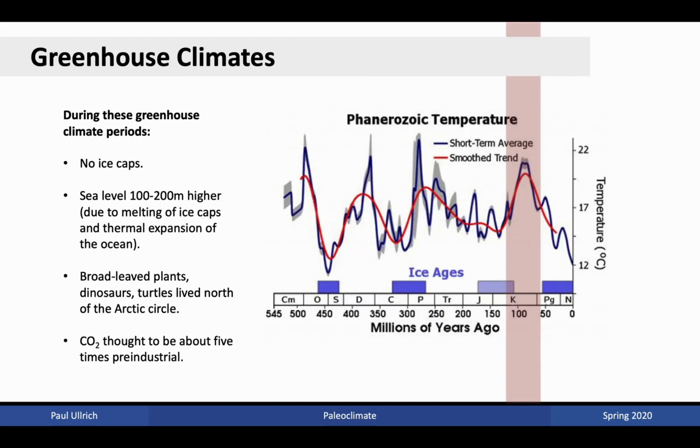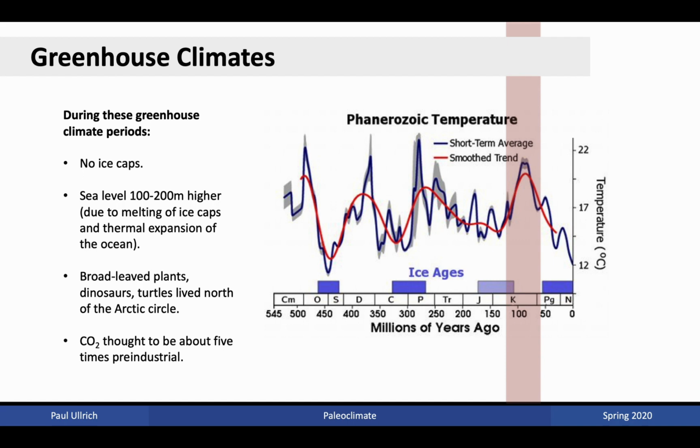Okay, let's consider a couple of the climate states that have existed through the Earth's history. In particular, let's focus on greenhouse climates. The most recent example of a greenhouse climate occurred during the Cretaceous period, where global average surface temperatures approached closer to 22 degrees Celsius. During these periods, the Earth had no ice caps, that is, it was entirely ice-free.